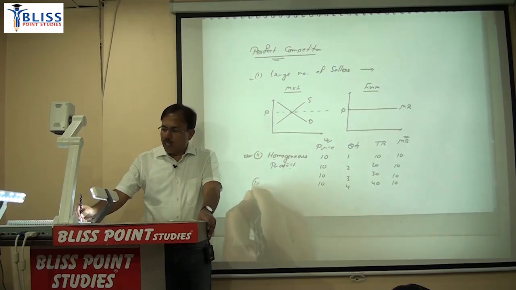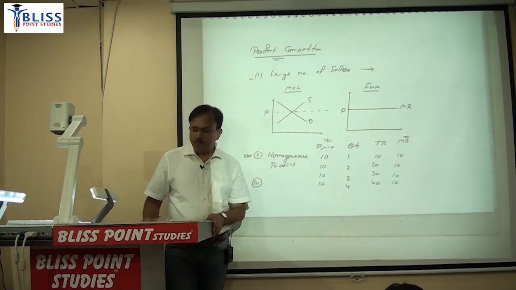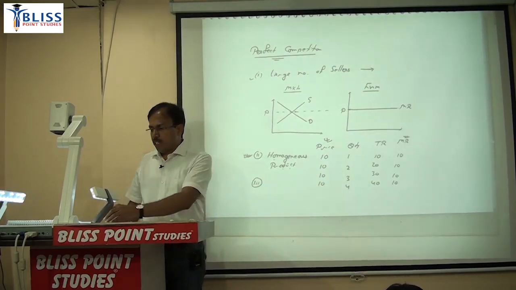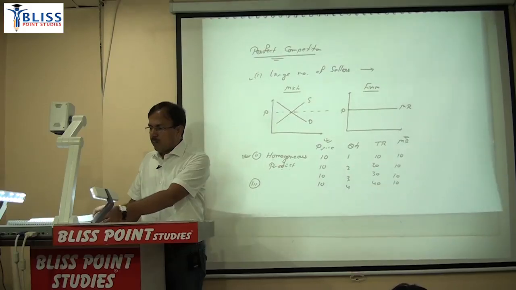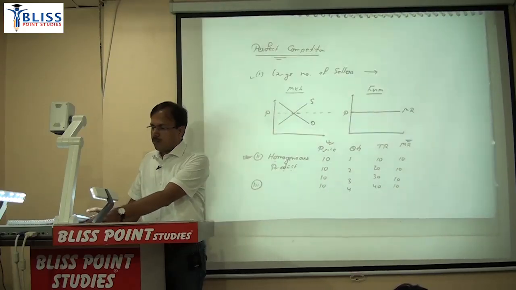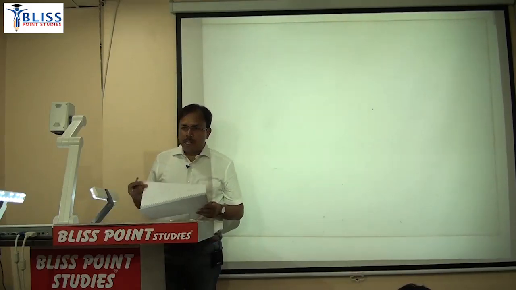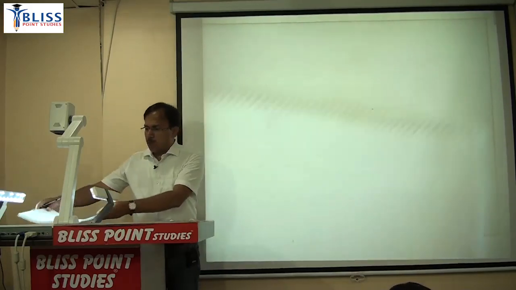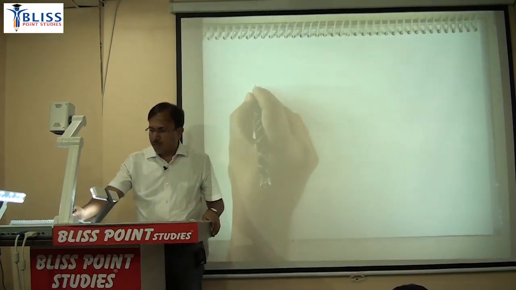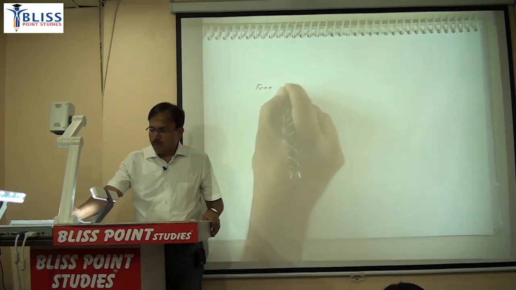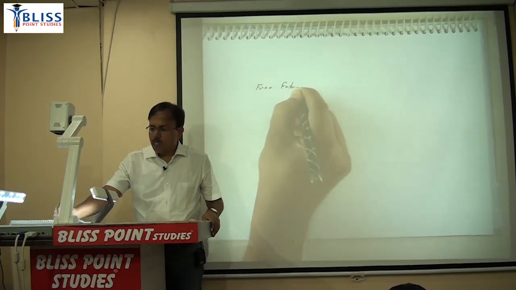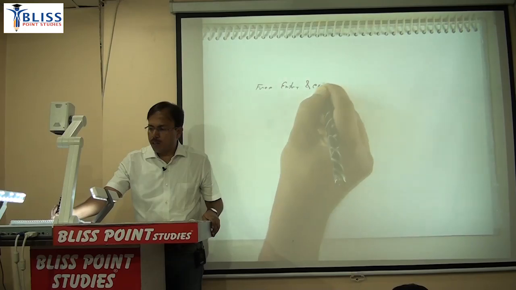Then I write down the third important feature: free entry and exit. When I say the market is competitive, a competitive market is characterized by free entry and exit. What does this feature imply?